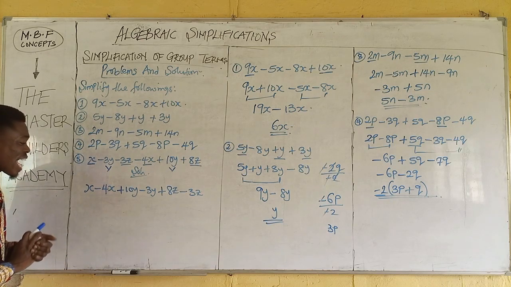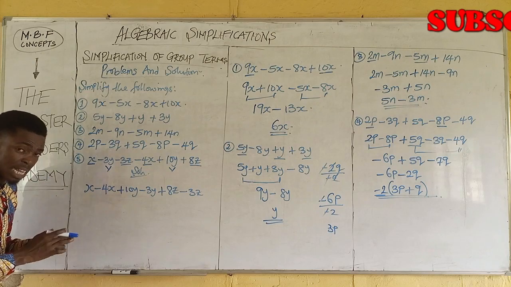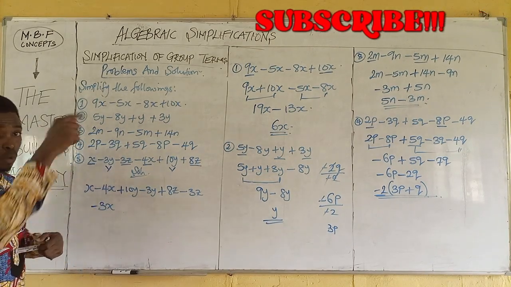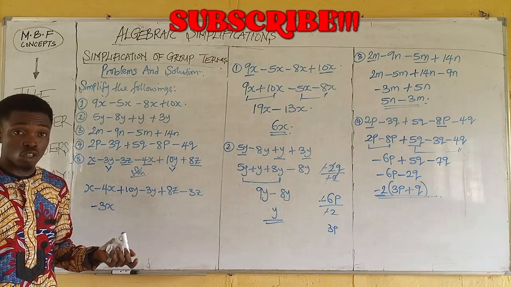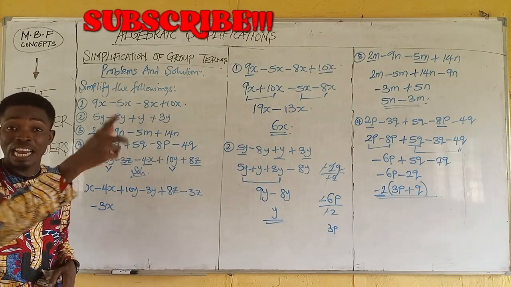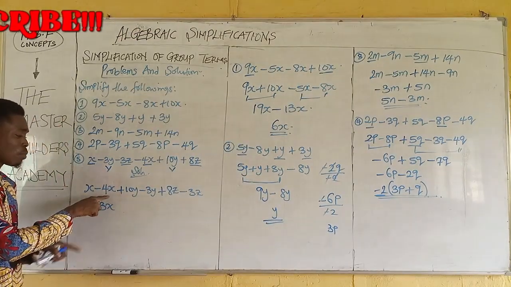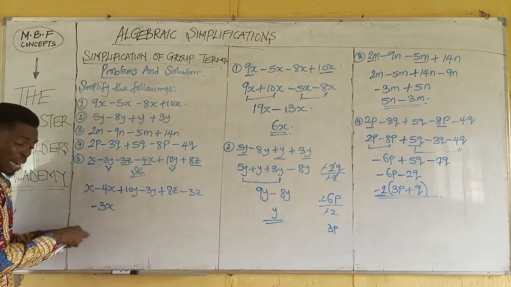Now, 1X minus 4X, we are going to have minus 3X. Of course, when you remove 4 from 1, you are going to have a negative result. Understand that anytime you remove a bigger number from a smaller number, you have a negative result. So that's exactly what we have. So we are removing 4 from 1, then we have minus 3.